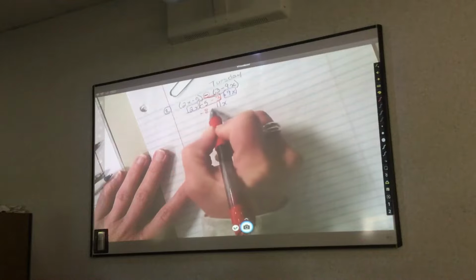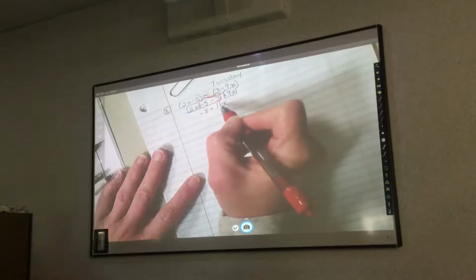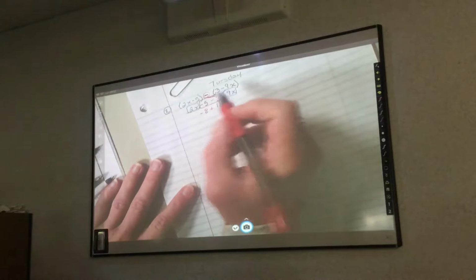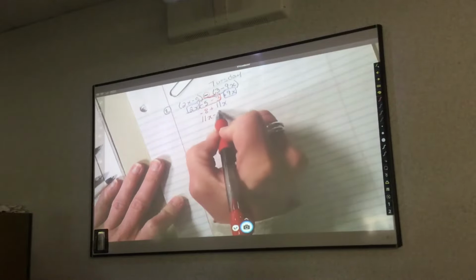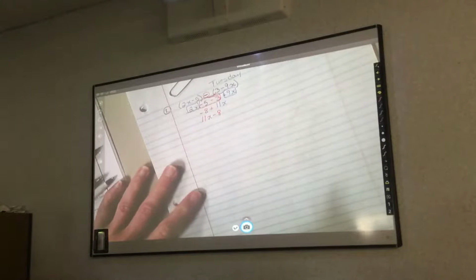So I can have a negative 8 plus 11x, but it's best to always put your variable first. So I should rewrite it as 11x minus 8. How many of you got that one right? Okay, so I should see a lot of pens doing some work right now then.